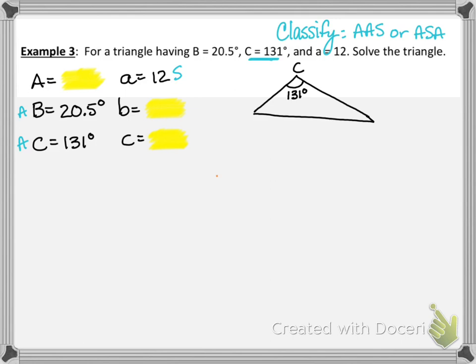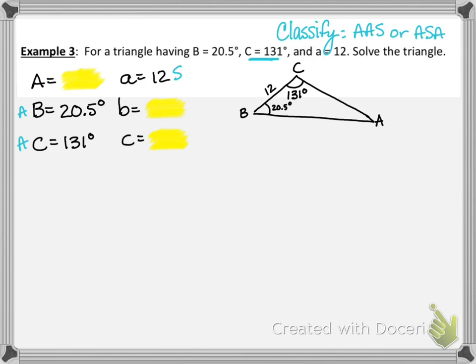And then I know that angle B is 20.5 degrees, so let's call this angle 20.5 degrees, and that is angle B. Therefore, this has to be angle A. Okay, and then they tell us that the length of A is 12, so that's going to be right here.